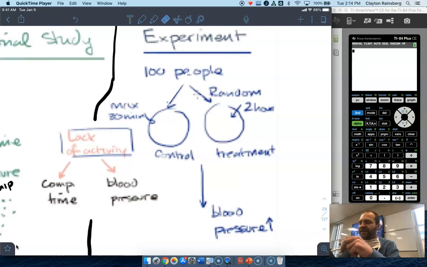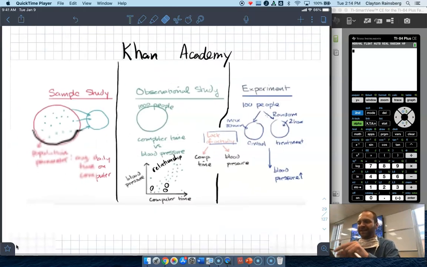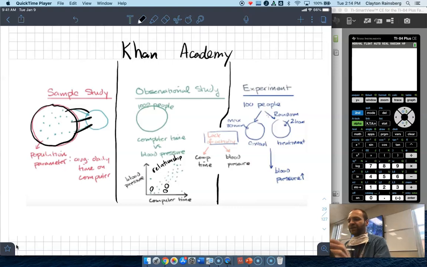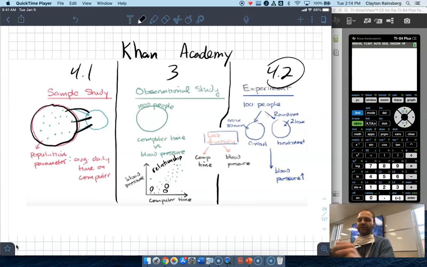And we're randomly assigning 100 people into each group. We're going to do it the same random way we did in 4.1. And that is the treatment. Hey, you can spend 2 hours, you can spend 30, and we're going to compare the blood pressure results from them. So now, by that random assignment, we're controlling for that confounding variable. You know, this was chapter 3, this was 4.1, and this is 4.2. This is what we're looking at today.